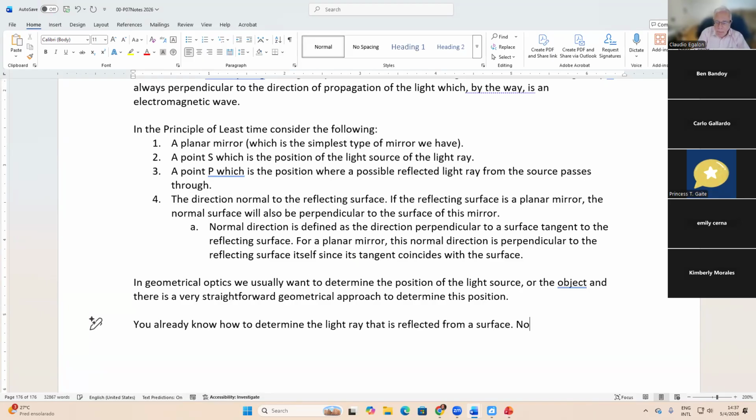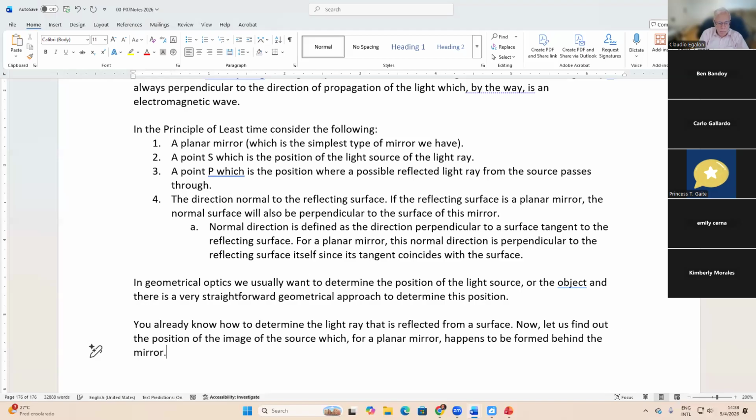Now let us find out the position of the image of the source, which for a planar mirror happens to be formed behind the mirror.